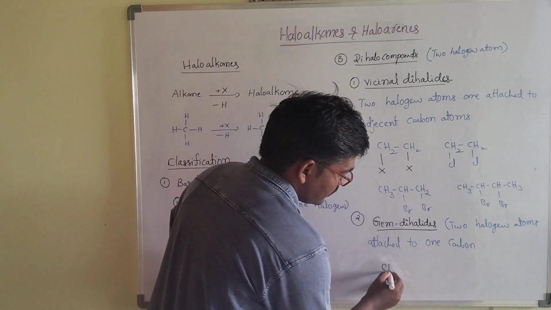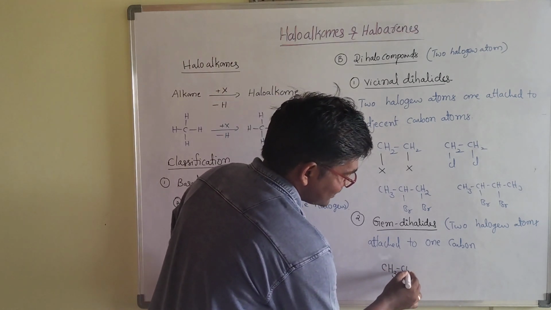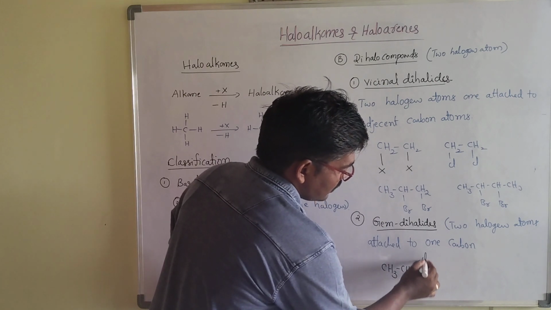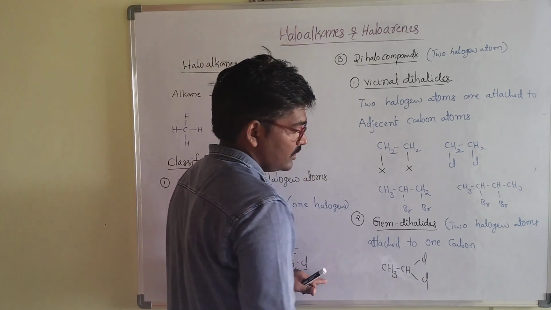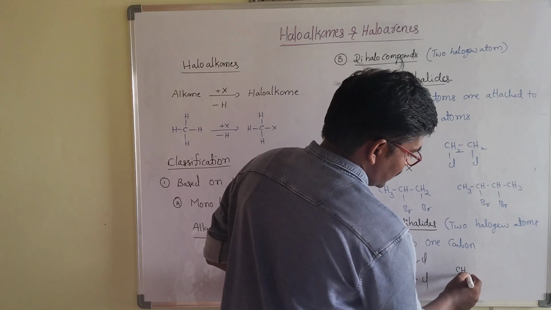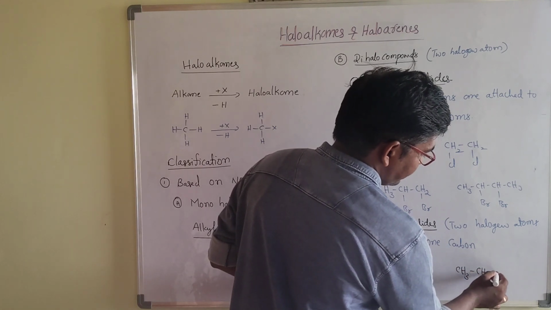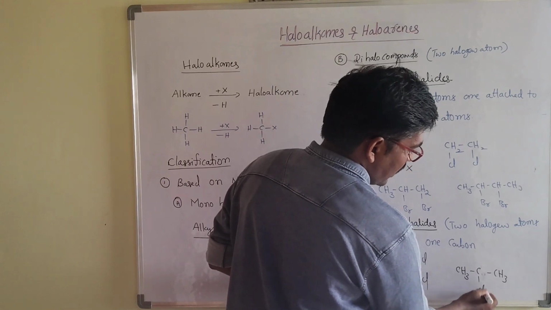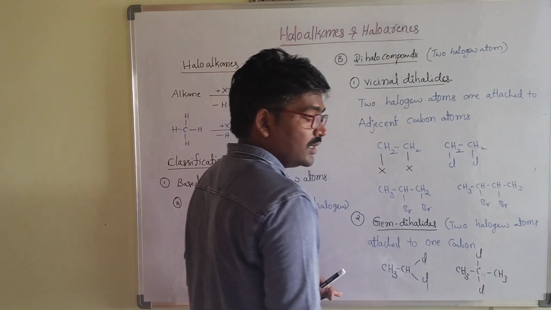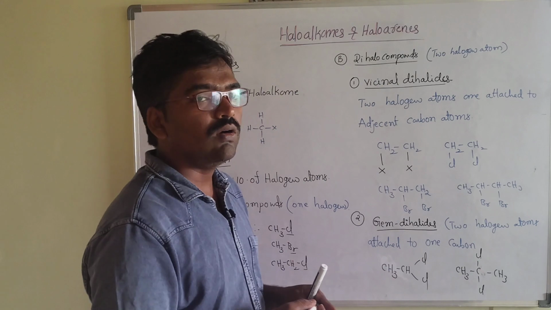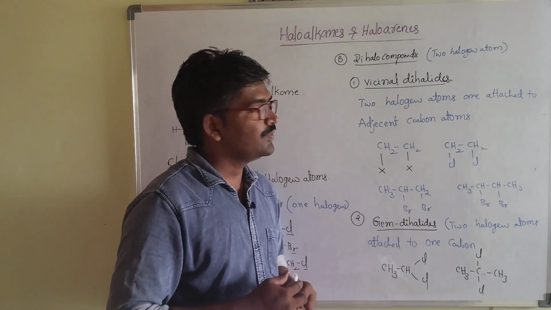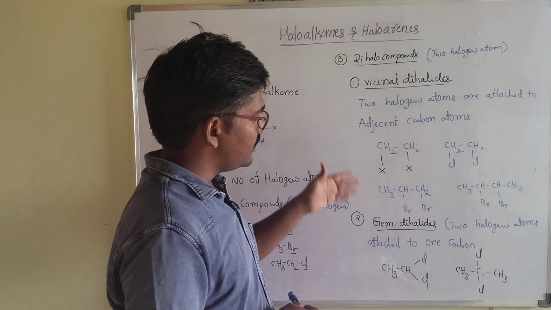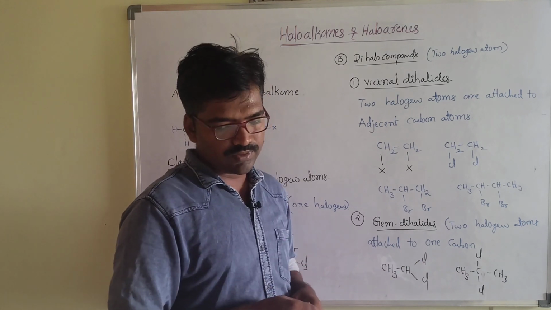If you observe, CH3 bond CH with chlorine like this. Or one more example, CH3 bond C bond CH3, where for the middle carbon 2 halogen atoms are attached. Such compounds we call gem dihalides. So vicinal dihalides and gem dihalides are both dihalo compounds.